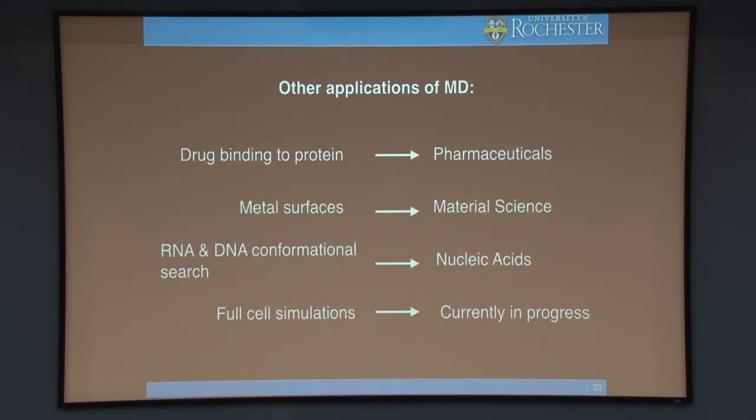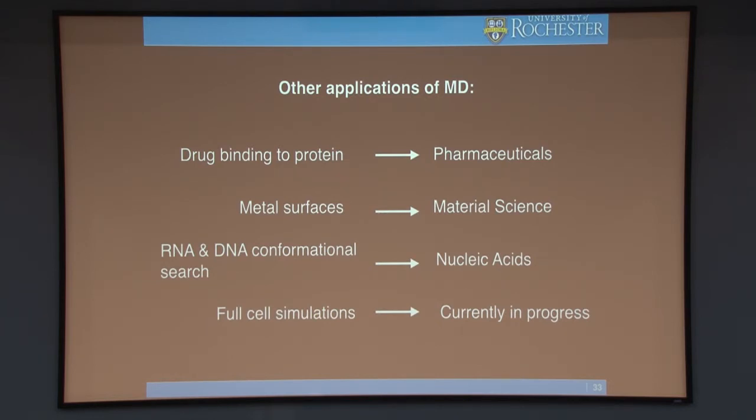There are other applications of molecular dynamics. We can look at drug binding, since a lot of the proteins are responsible for diseases. There are small organic molecules that can bind to the proteins and act as potential drug candidates. We can also look at metal surfaces using MD simulations. We can look at RNA and DNA conformational changes using MD simulations.